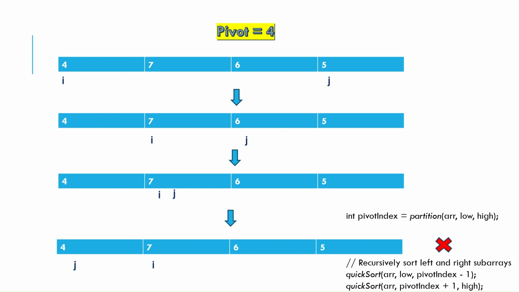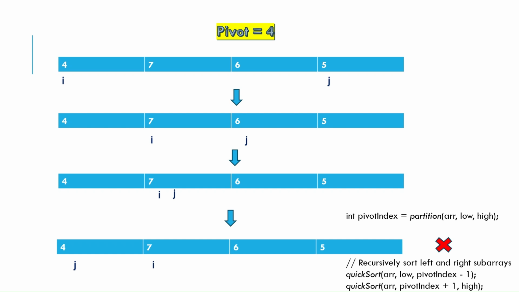But I am not sure if it is sorted or not, so you conquer it: apply the recursion on the left side and right side and sort them. That's why we divide on the basis of the jth index, which is the pivot index, and sort the left and right sides accordingly.